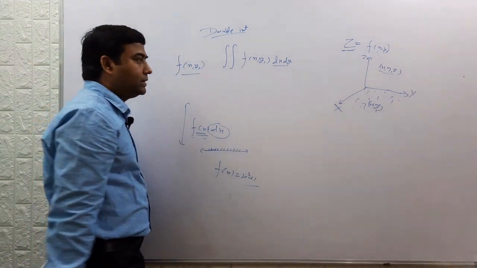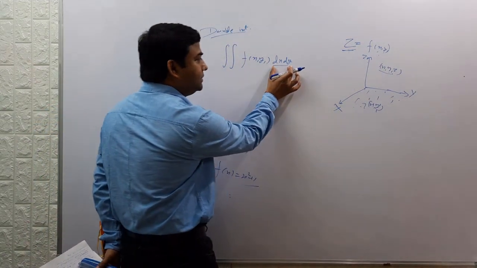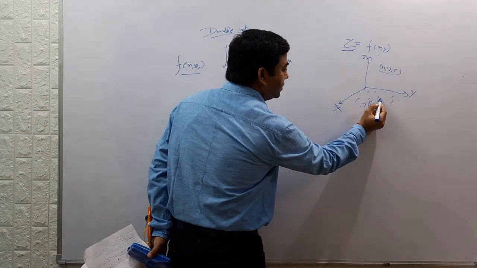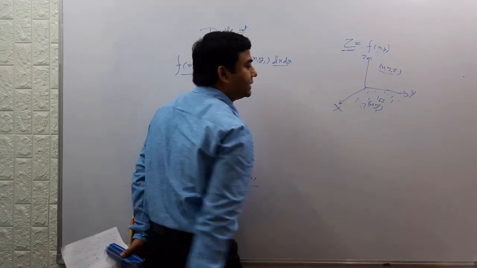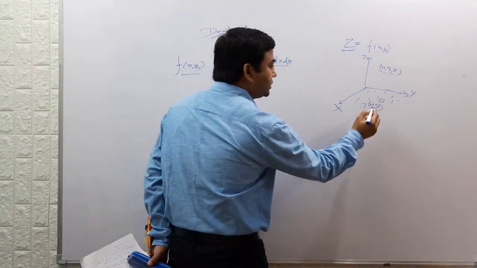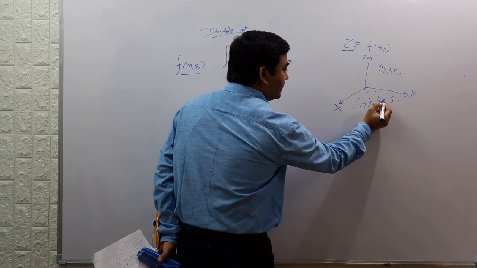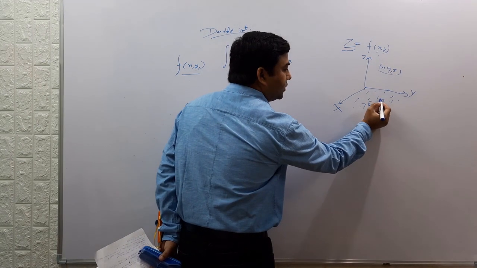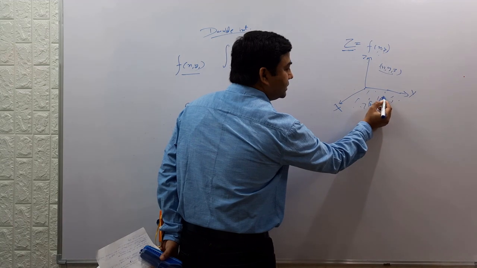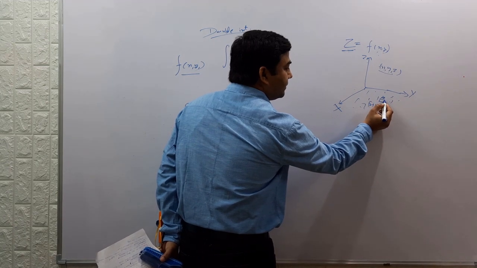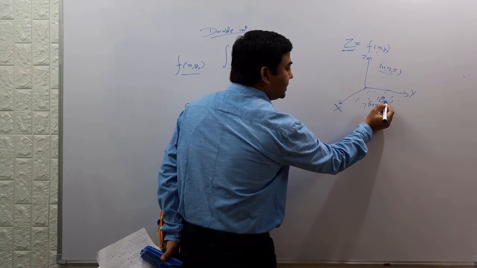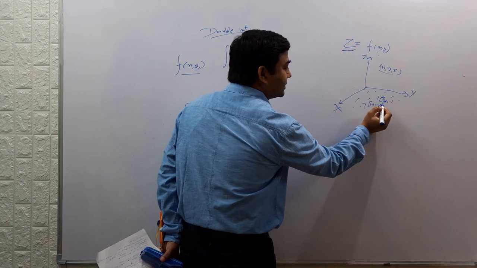What is dx dy? dx dy is a small rectangle, a small square rectangle. Along the y direction its dimension is dy, and along the x axis its dimension is dx.